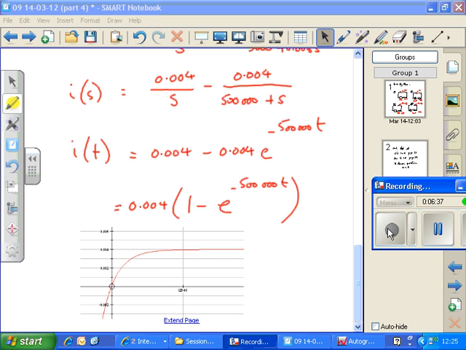As t increases, it doesn't take long at all before this exponential decay part of it rapidly decreases. So about 10 microseconds is all it takes for this circuit to settle down to its steady state.